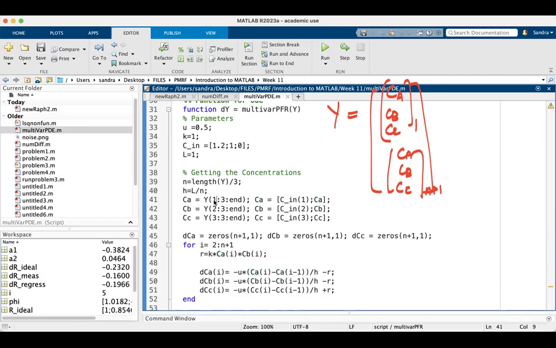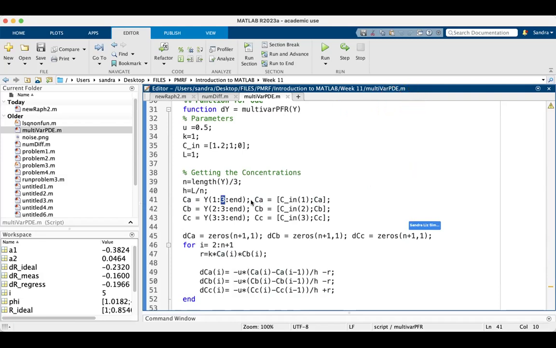CAs start from the first index, and you jump by 3 steps till the last. If you jump by 3 steps, you end up in the next set and get the next CA. If you keep jumping, there will be another CA. So you keep jumping with a step size of 3, starting from the first index, and you get the CAs.